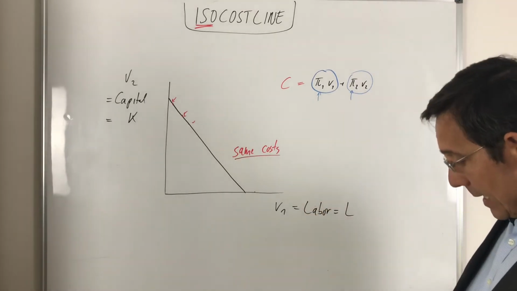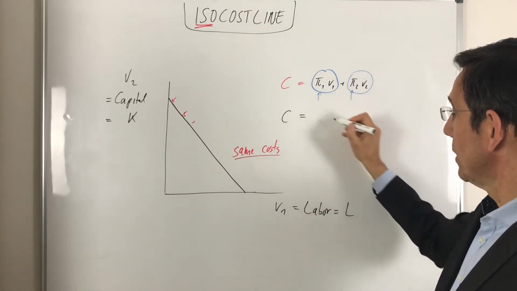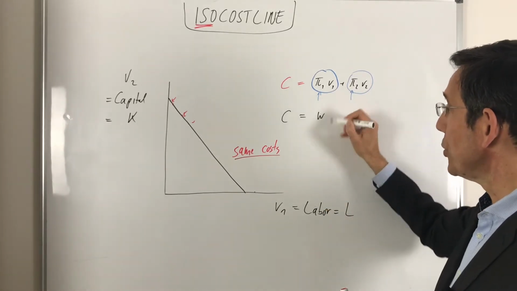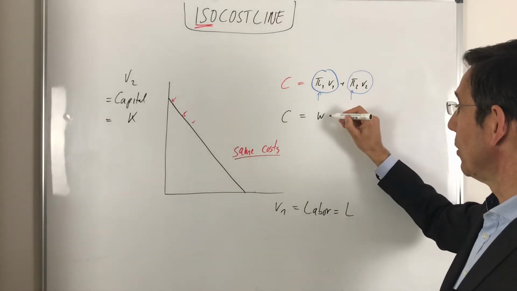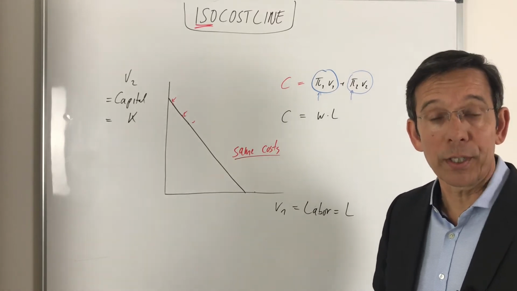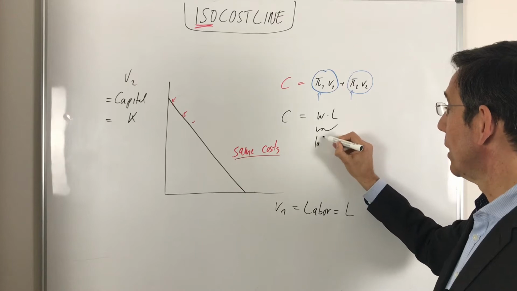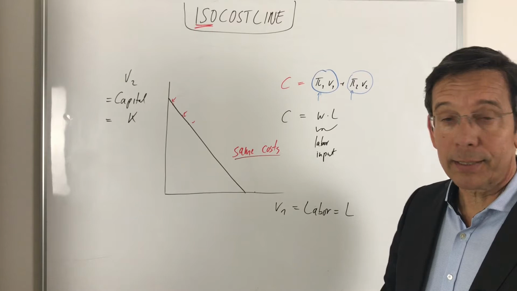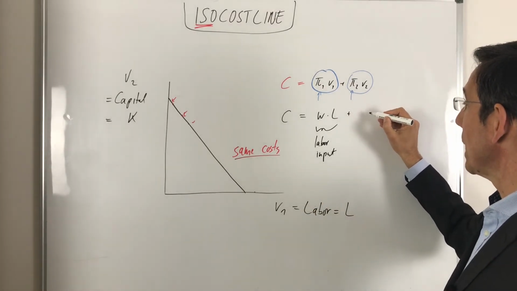Well, let's take now the example of costs for labor. What are the costs for labor? Well, that's the wage. W stands for the hourly wage, times L, the quantity of labor. So these are the costs of labor input, plus the costs of the capital input.